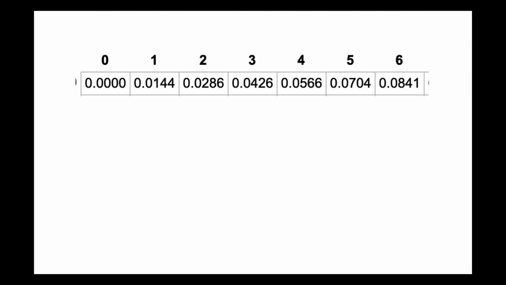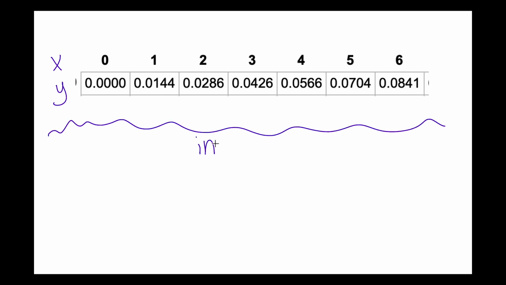If we're given a table of x, y values, for the inverse, they're all just going to switch. So my x and y, I have a point at 0, 0. I will once again have a point at 0, 0.